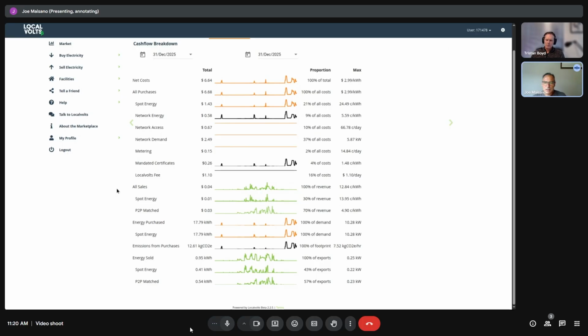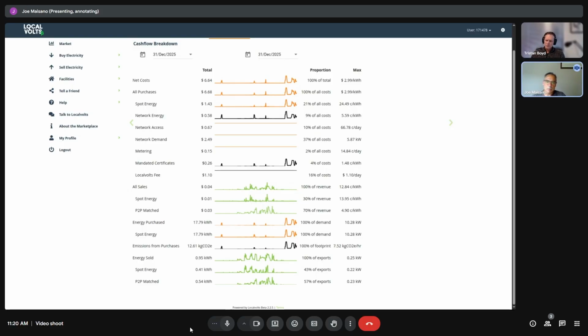On our sales side, we have the spot energy revenue. So essentially what we made out of selling into the grid. And then we also have our peer-to-peer matched revenue. So as well as selling some electricity, we can see down here that I exported 0.41 kilowatt hours into the spot market, but 0.54 kilowatt hours was sold to someone else or many people potentially.